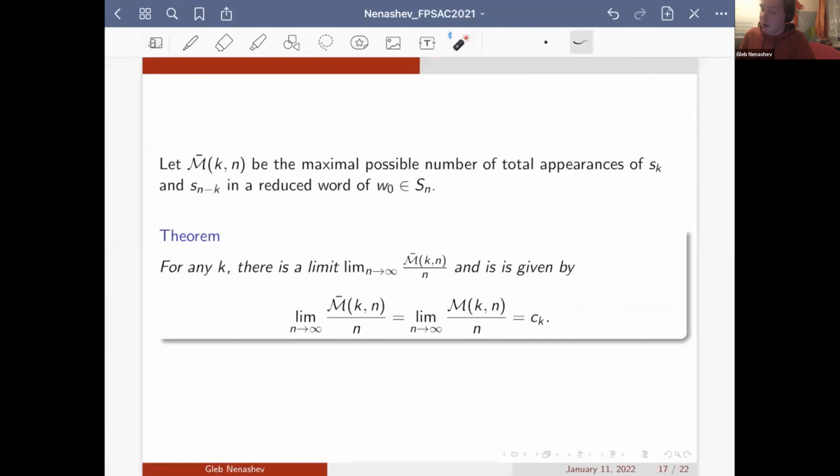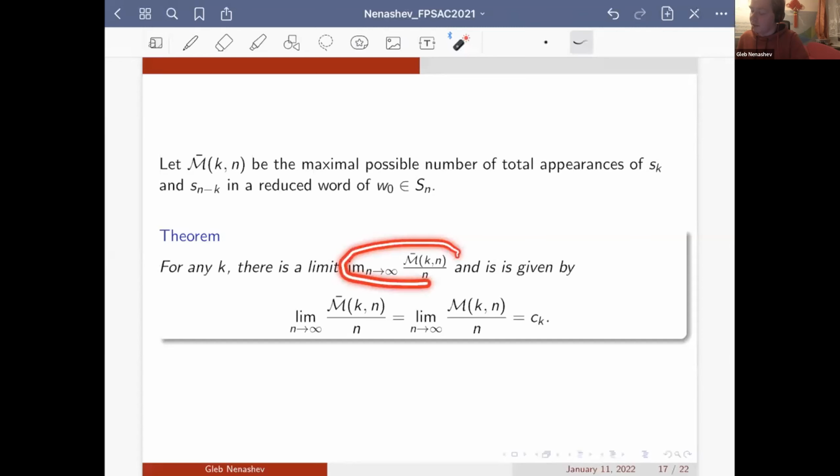Here we have the number m_k^n bar. Let m_k^n bar be the maximum possible number of total appearances of s_k and s_{n-k} in a reduced word of the longest permutation. We just consider two generators now, s_k and s_{n-k}. But it's not a big difference because in the asymptotic sense, it's exactly the same problem.